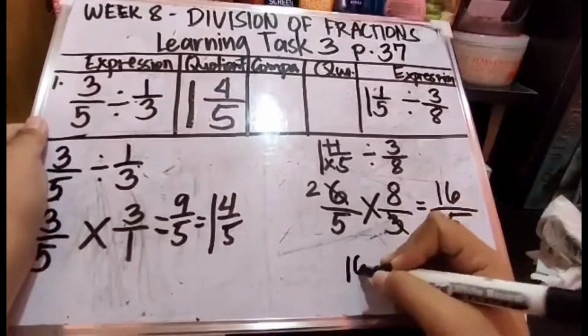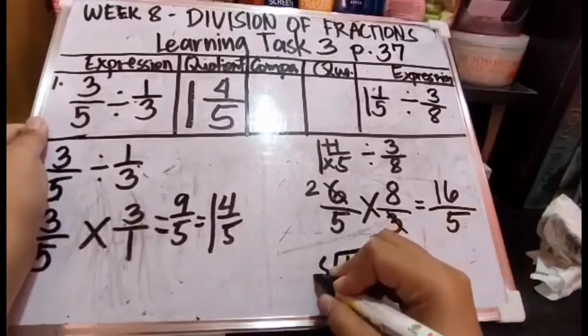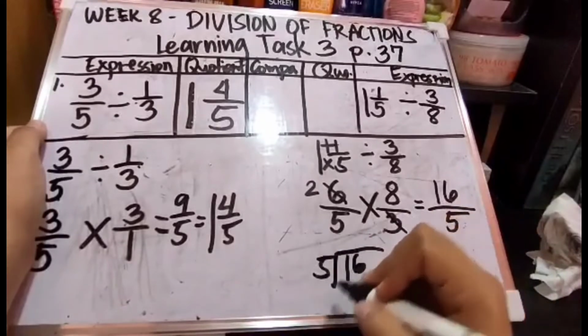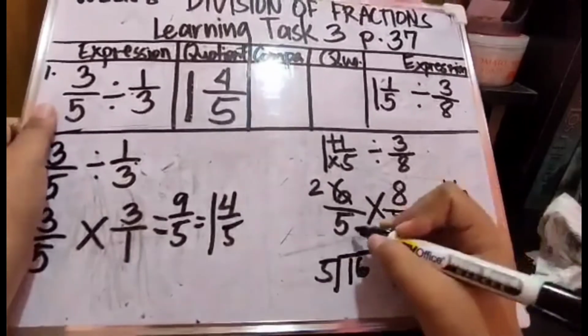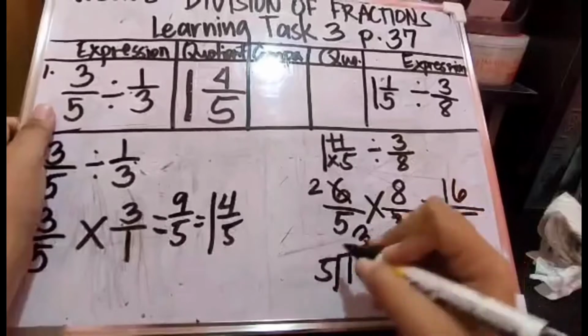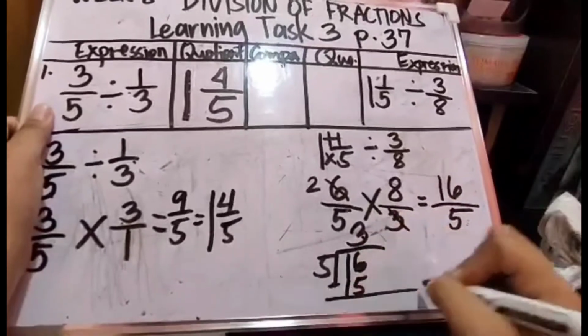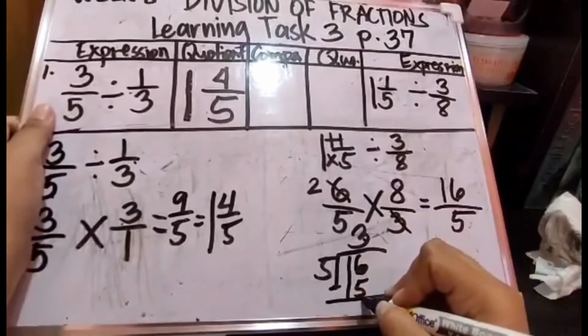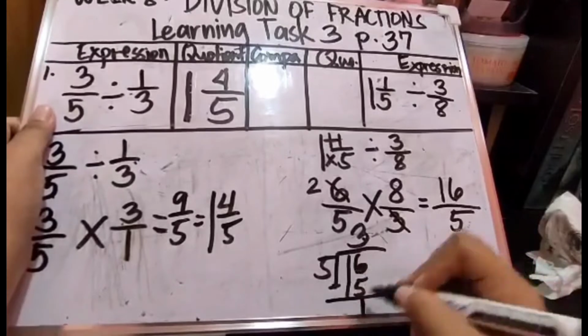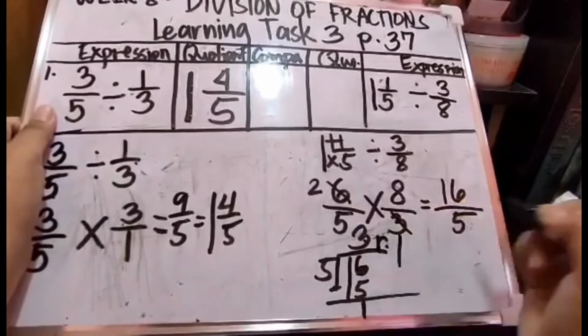16 divided by 5, ilang 5 ang kasya sa 16? 3. 3 times 5 is 15. 16 minus 15 is 1. May remainder 1 tayo.